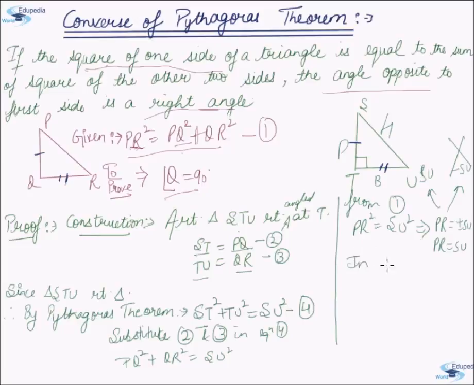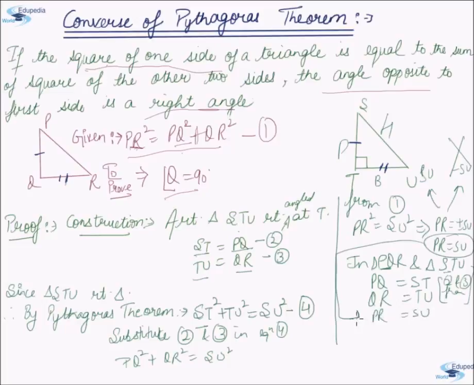Now if we look at the two triangles PQR and STU, from equations 2 and 3 we can say that PQ of this triangle is equal to ST of this triangle, and QR of this triangle is equal to TU. And from the proved part we can say that PR is equal to SU.